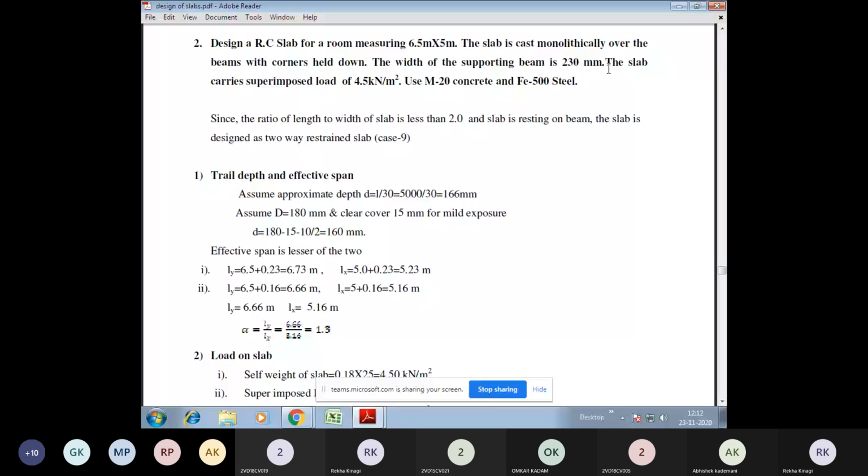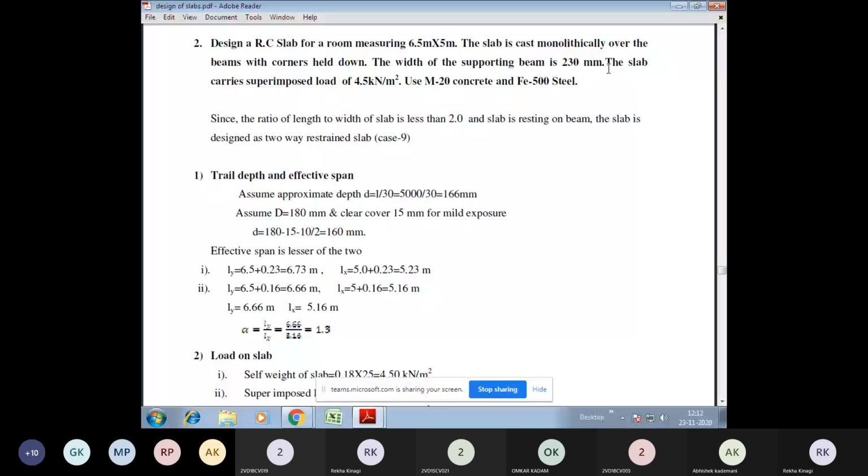They have just said that the slab is casted monolithically over the beams with the corners held down and the width of supporting beam is 230 mm. So it is simply supported on a beam of 230 mm width. If it is simply supported on a beam of 230 mm width, then we consider case 9, that is 4 edges discontinuous.